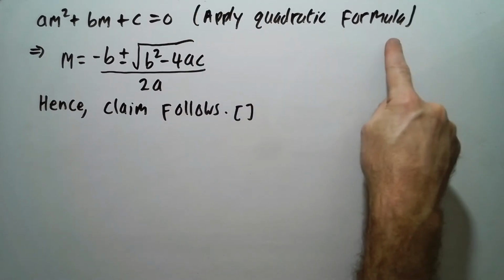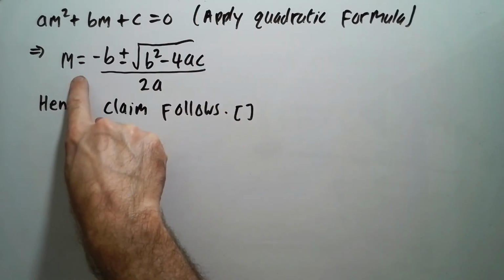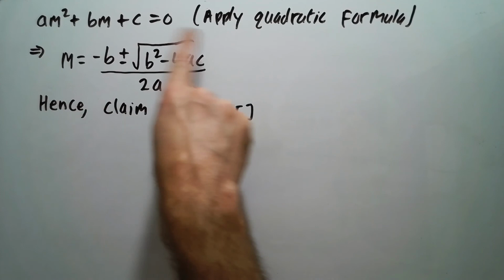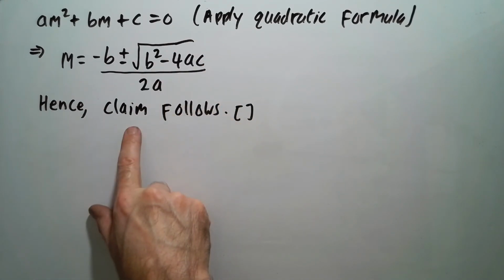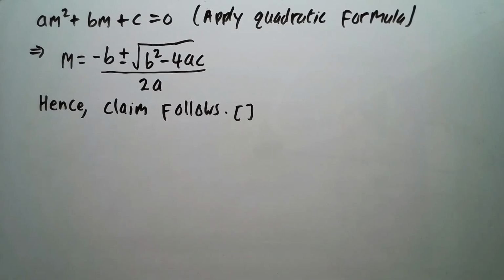So we're going to apply the quadratic formula, and then we'll have m is this guy here, and that's pretty much what we're trying to show. So this proves the theorem, so we're done. Okay, so I'm going to leave it there. We'll continue with the next theorem in the next video.